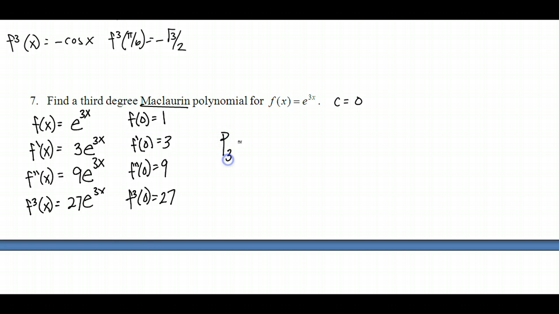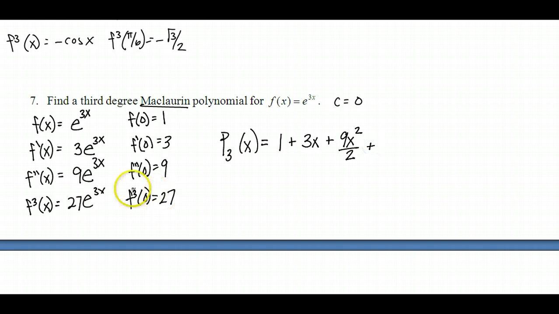When you write your Maclaurin polynomial, it is a third degree, so it's nice to note that. Start with your first term, that's 1, plus this 3, it's my first degree, so it's x, technically to the power of 1 divided by 1 factorial, plus 9 x squared divided by 2 factorial, which is just 2.